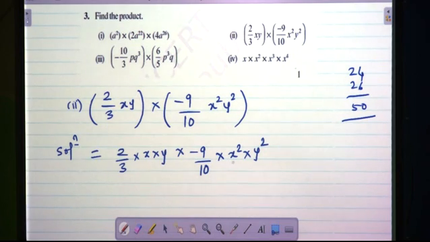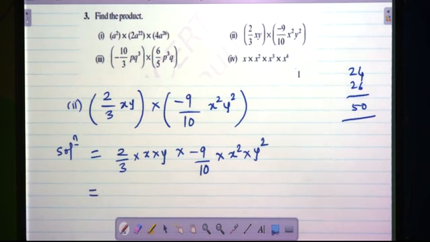I have written each of the expressions in multiplication form with each of the terms or factors that are present.